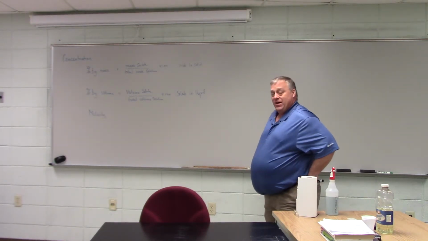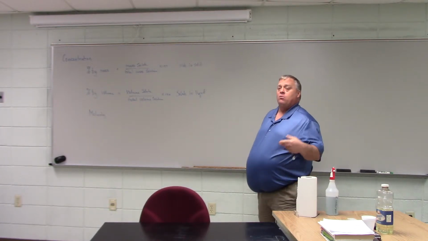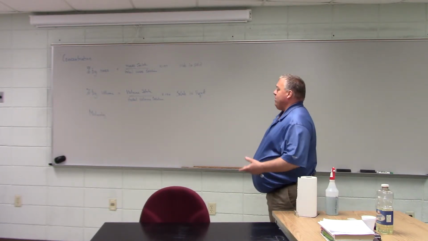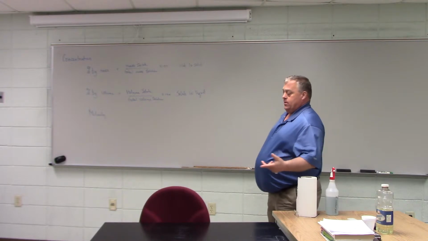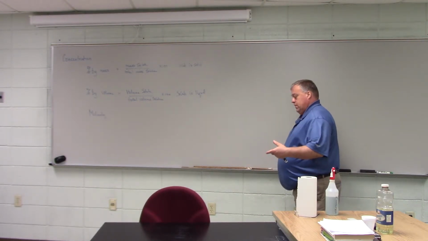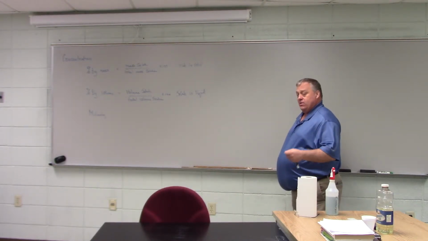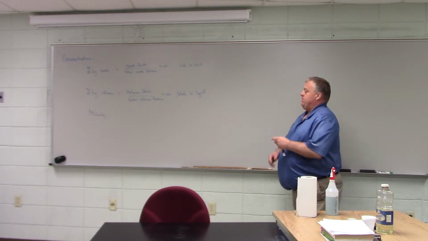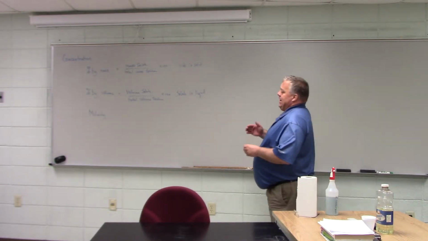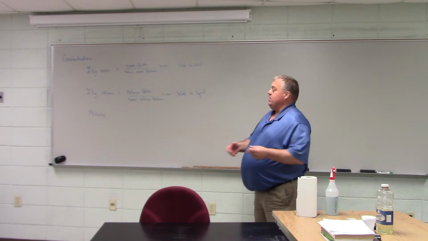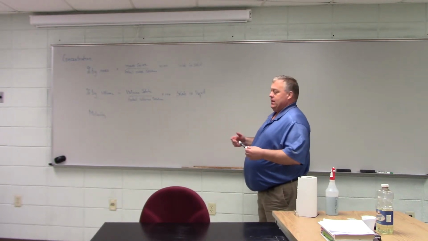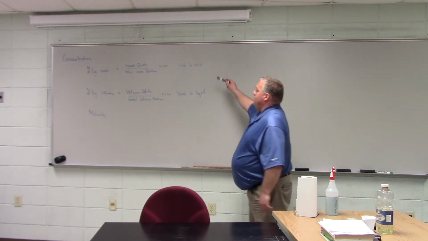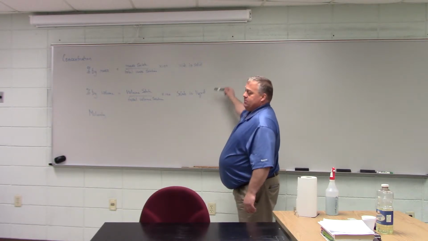Typical percent by volume solutions are found when you're looking at things like alcohol or the ethylene glycol, propylene glycol that you add to your radiator to prevent it from freezing. You add a liquid into a liquid and you measure the volumes of the liquids. Now these two are just simple percentages, as I said before.